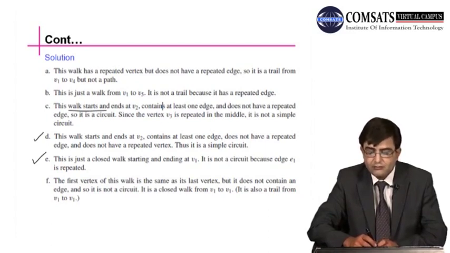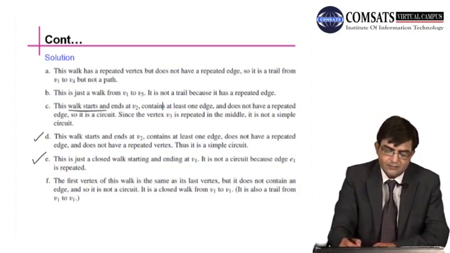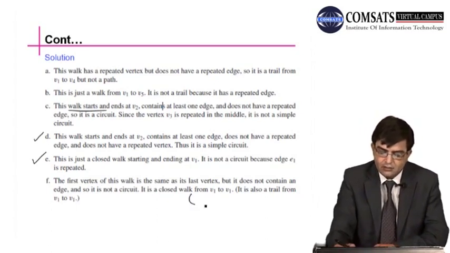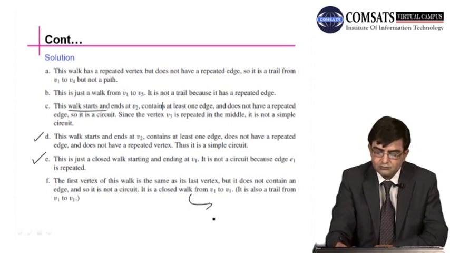It is a closed walk from V1 to V1, so it is also a trivial walk. You can say it's a closed walk, or you can say it is a trivial walk.